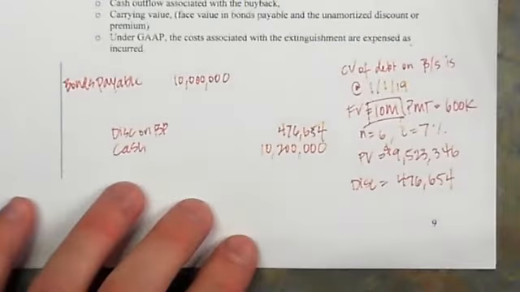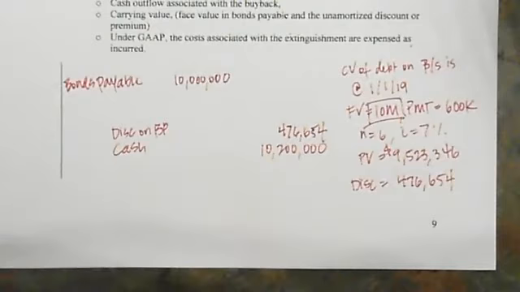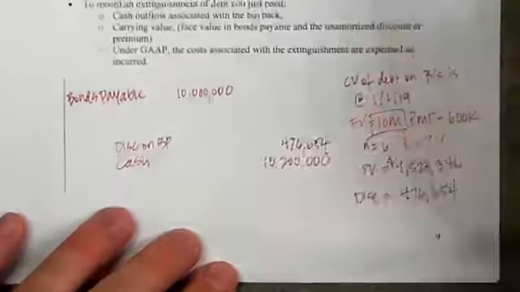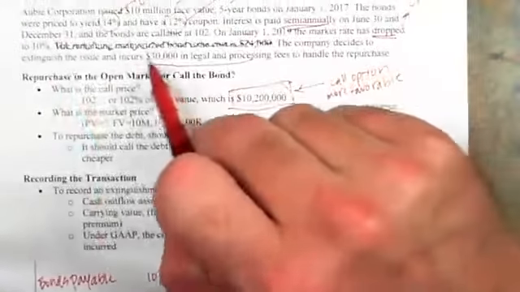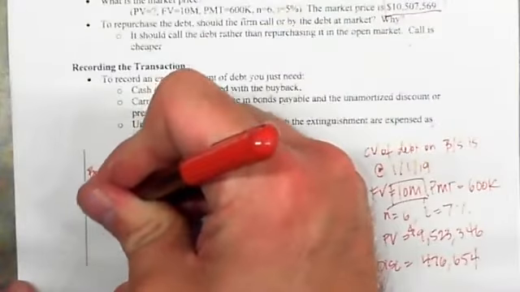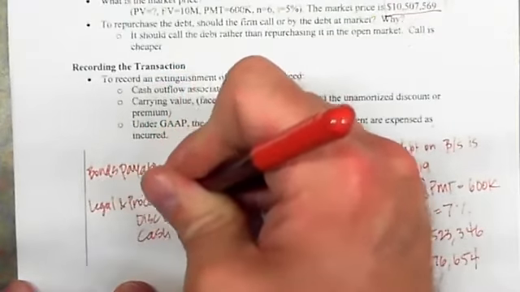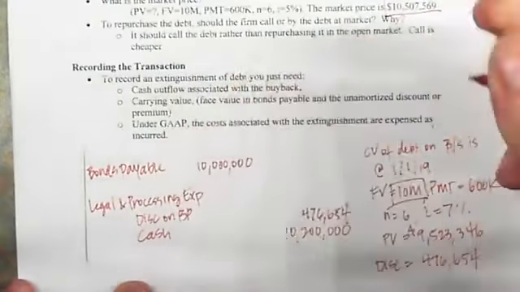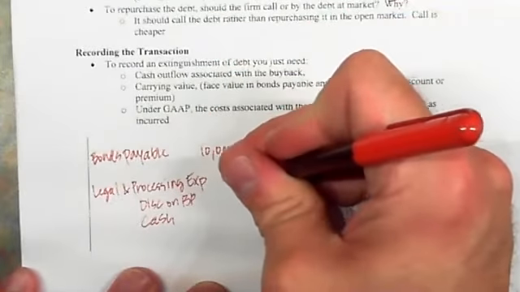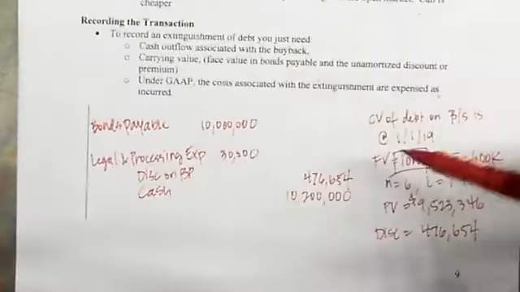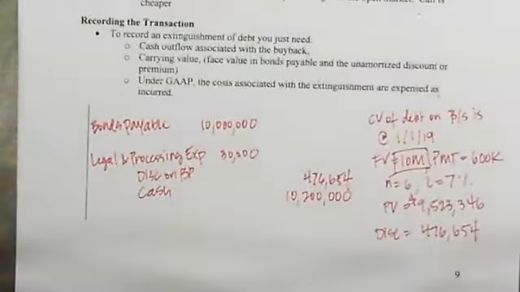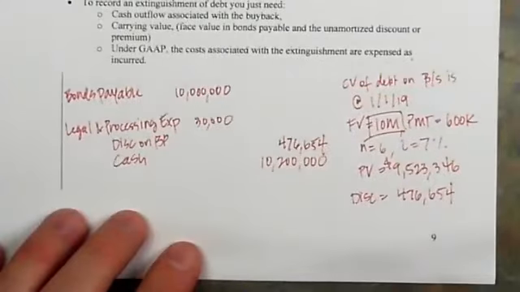I have a retirement cost of $30,000, right? So to extinguish the issue, I would have legal and processing expense, as long as it's separated out from my gain or loss. Now that I've separately recognized it, it won't end up in any gain or loss that I have.